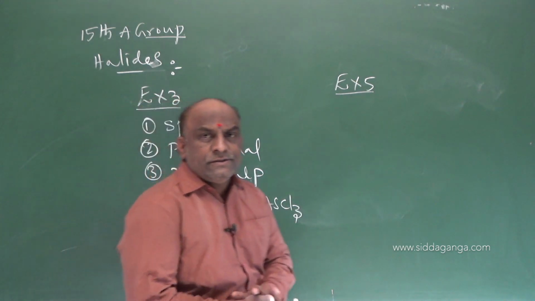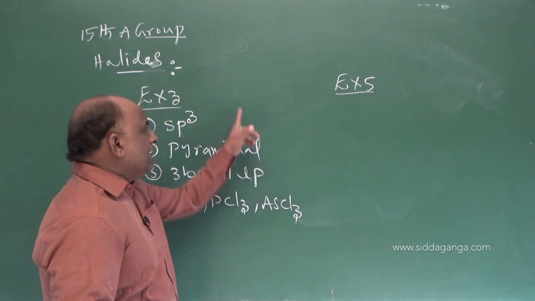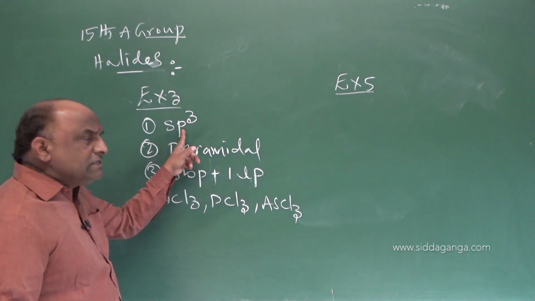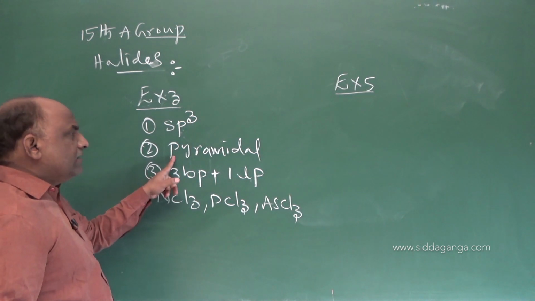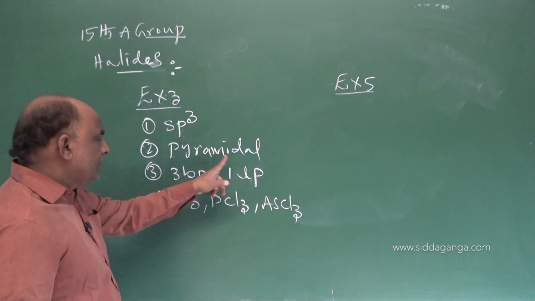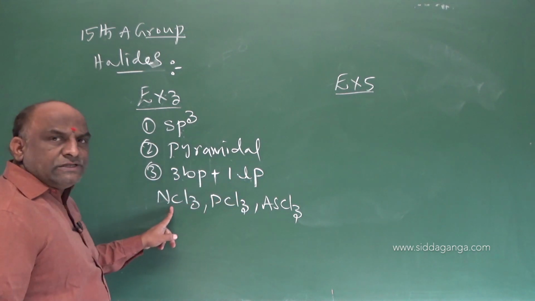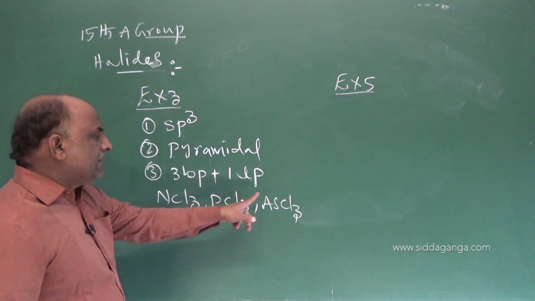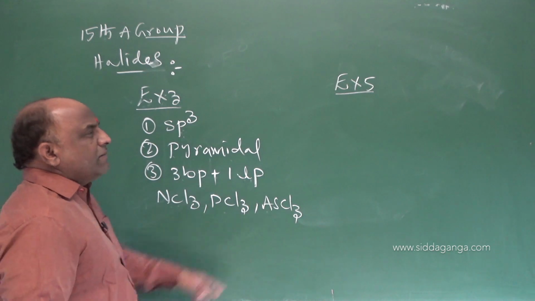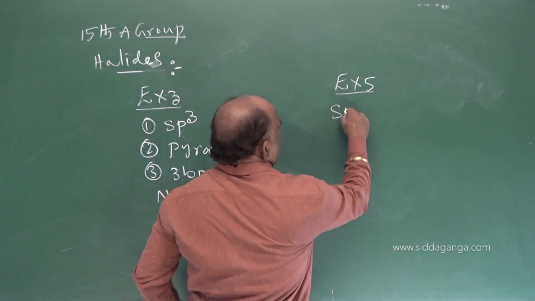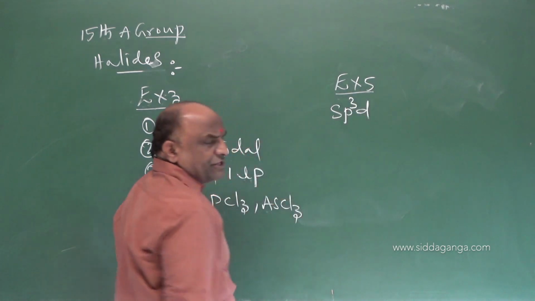Remember students, all trihalides are sp3 hybridized, with pyramidal shape and 3 bond pairs plus 1 lone pair. Examples: NCl3, PCl3, AsCl3.